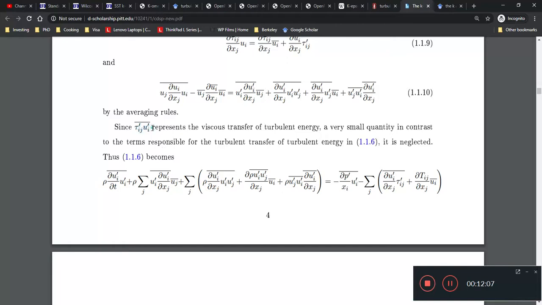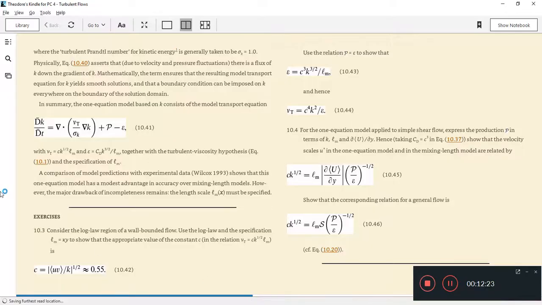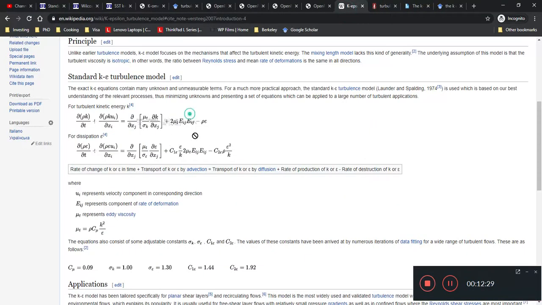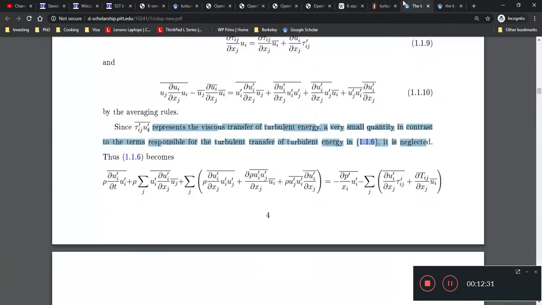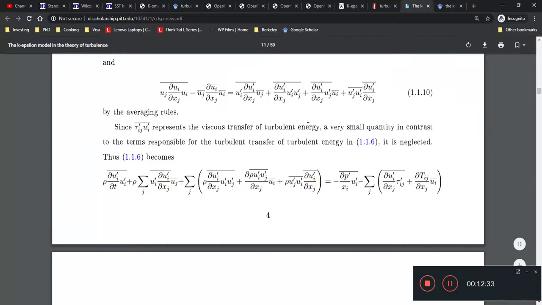It says, since this represents the viscous transfer of turbulent energy, a very small quantity in contrast to the terms responsible for turbulent transfer in turbulent energy, it is neglected. So for most textbooks, you might see that it is neglected, like say this textbook, or in the Wikipedia page, or let's say even in this dissertation.